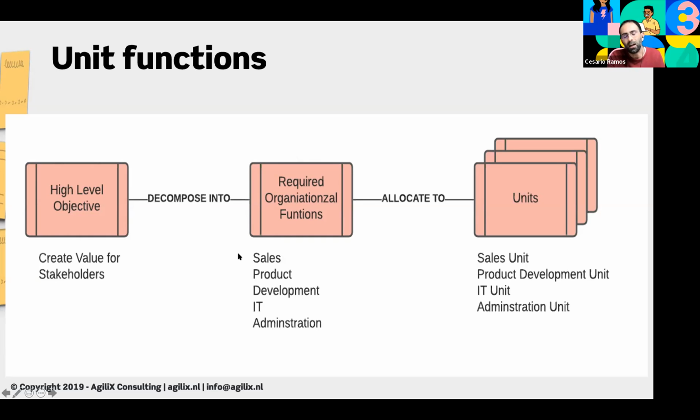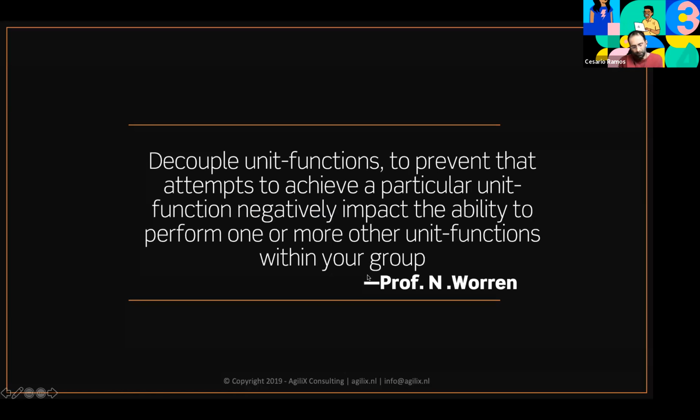Now, in your current organization, in your less context, you probably have lots of units because of the massiveness of LeSS adoption. And then the question becomes, are these units designed in a proper way? And we know from Professor Warren that there is an important principle to take into account.